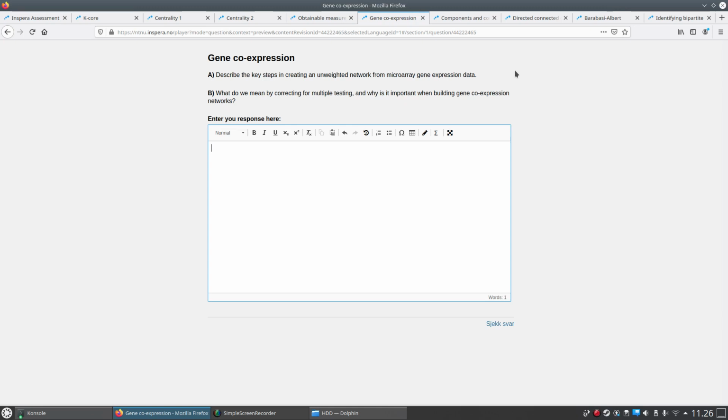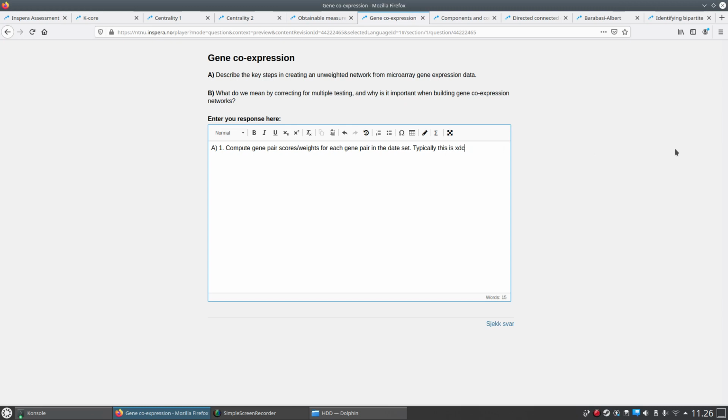So you want to compute gene pair scores, weights for each gene pair in the data set. Typically, this will be done through correlations. So you will take the expression pattern of each gene and then correlate it to the expression pattern of every other gene.